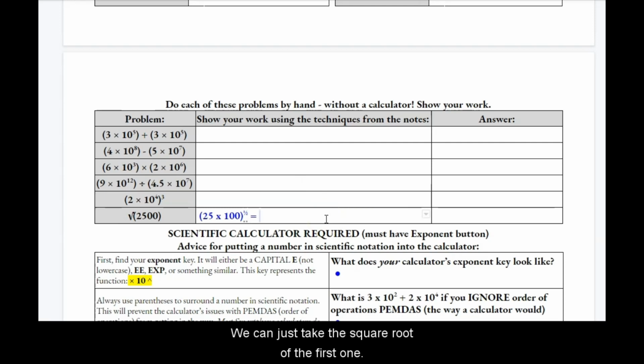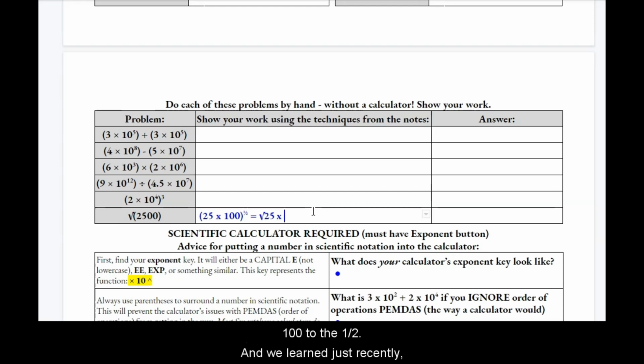So if we've got that, we can just take the square root of the first one. So we have 25 to the 1/2, or we could write, let's copy that over since I'm doing this here, the square root of 25. And then we have times 100 to the 1/2.